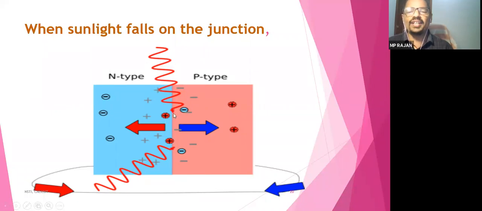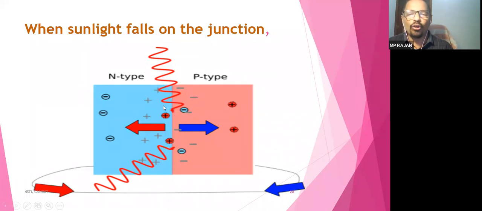So these newly generated electrons will be attracted towards the positive field. Now, you can say a number of electrons flow towards the N-type semiconductor, because here there is a positive field, here there is a negative field. Electrons are being attracted to the positive, and holes are being attracted towards the negative.